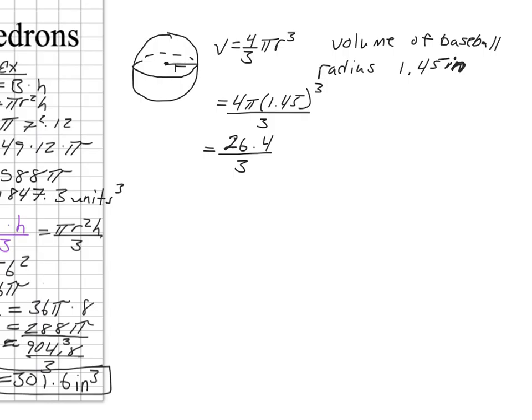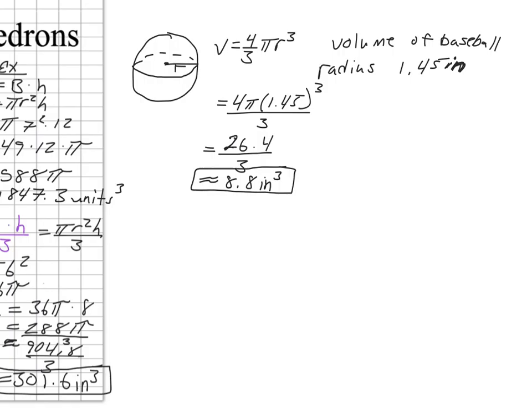So divide by 3, and I get that the approximate volume of a baseball is 8.8 cubic inches. Okay, 8.8 cubic inches would be the volume of a baseball.